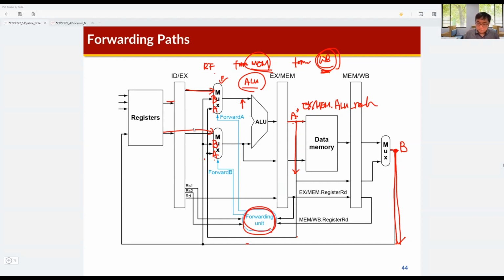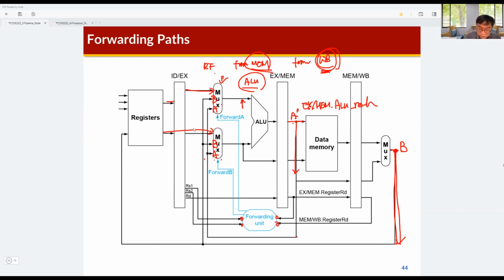And then the selection signal for this multiplexer is generated by this forwarding unit. So if we focus on this forwarding unit, what signals are required? If you see the input of the forwarding unit, here, here, here, here.